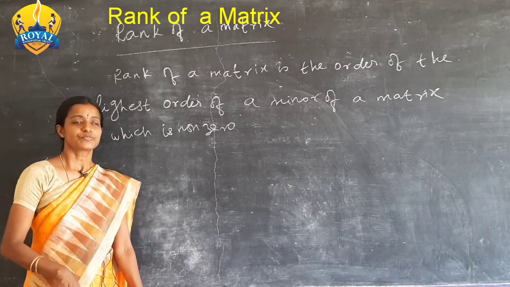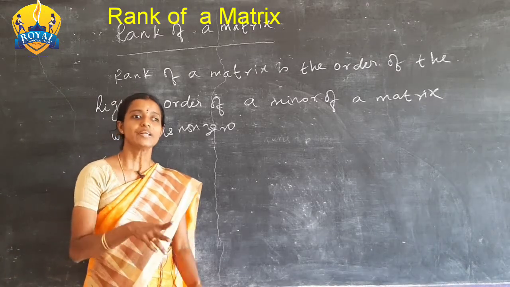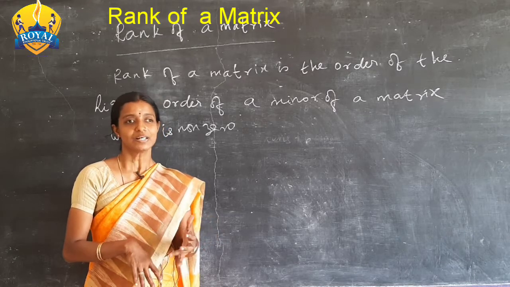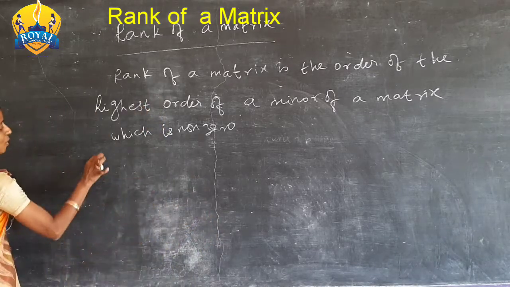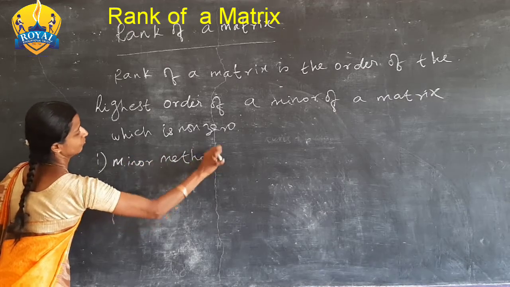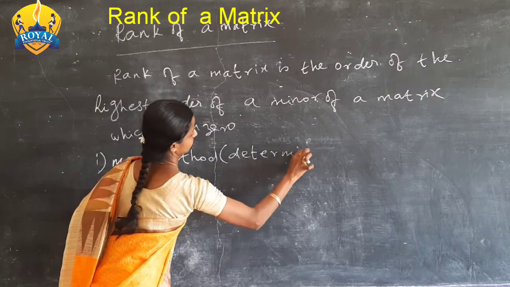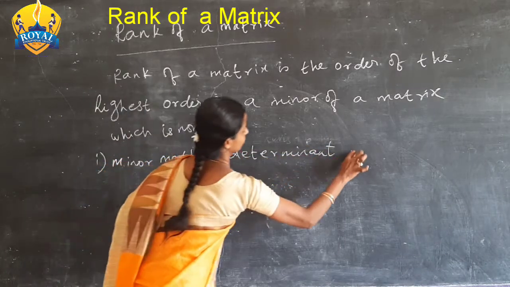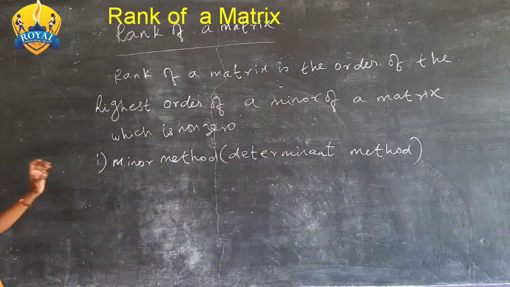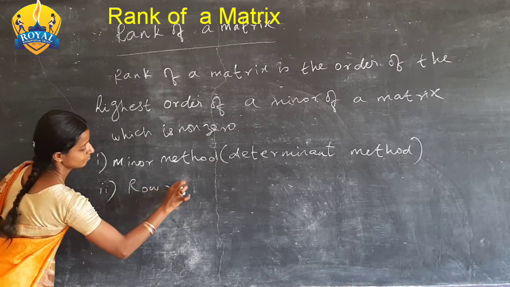Now, the rank of a matrix can be obtained by two methods. One is the minor method, which is nothing but the determinant method. The second method to find rank of a matrix is the row reduction method.